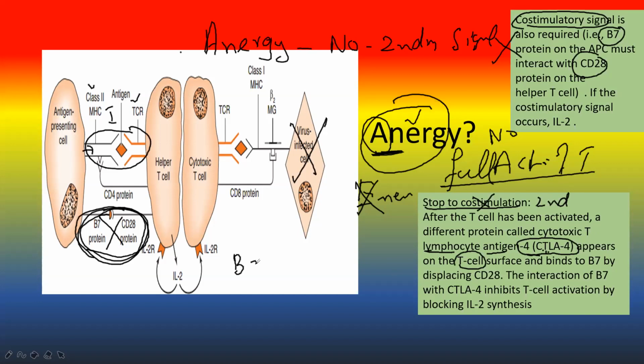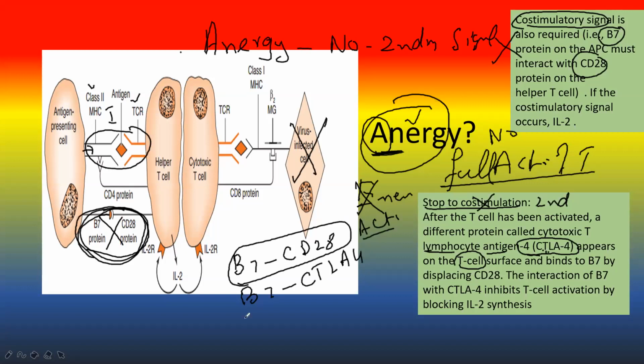Normally, B7 binds with CD28, and the cell becomes active because the secondary signal is there. But if B7 binds with CTLA4, there is no activation, the second signal is stopped. So CD28 is replaced by CTLA4, and the T cell shall not become fully active. CTLA4 inhibits T cell activation.